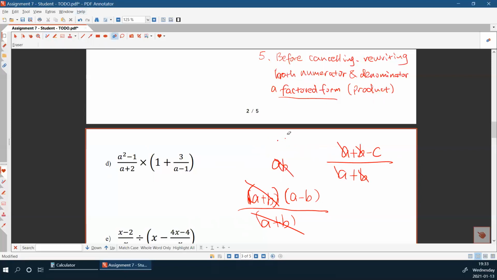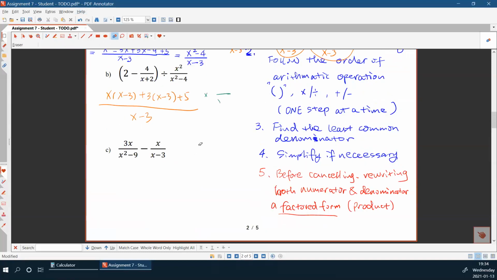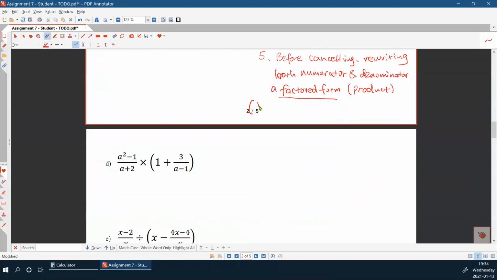Okay, so I think you are still a little confused about the rules of canceling. So make sure you transform both the denominator and the numerator in a factor form, okay? What you are canceling is actually their common factor. Okay, I'll write it here.